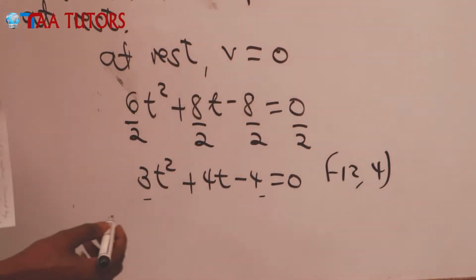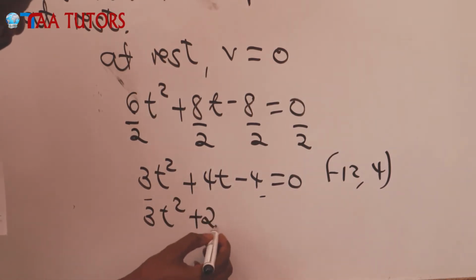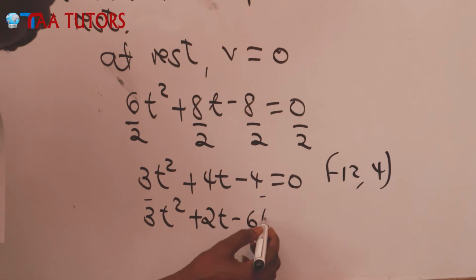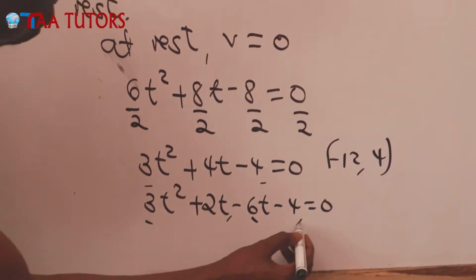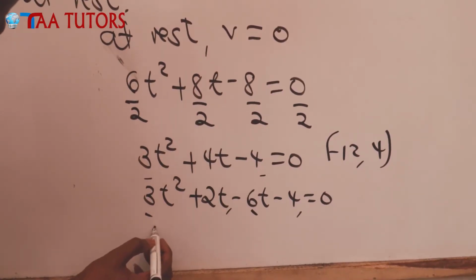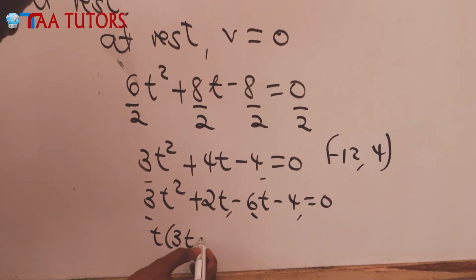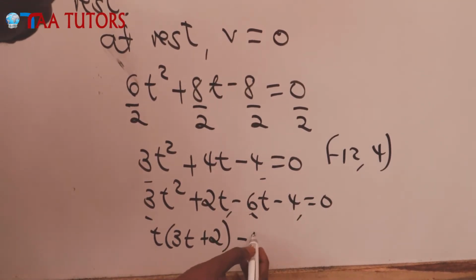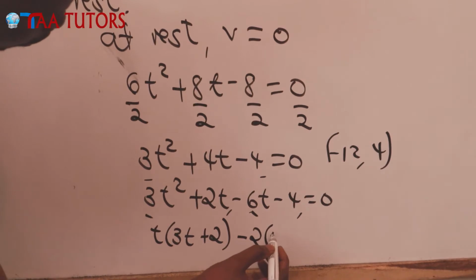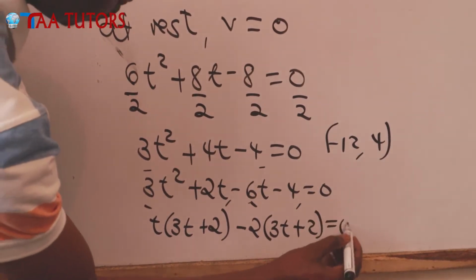So 3t squared plus 6t minus 2t minus 4 equals 0. Group these two: this is 3t into t plus 2, then minus 2, the common factor, into 3t plus 2 equals 0.